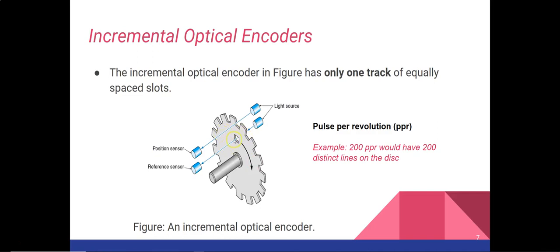That information, whichever segment comes first, goes into the controller, and the controller verifies whether the encoder is turning clockwise or anti-clockwise.